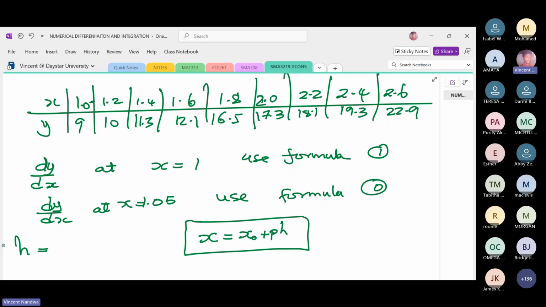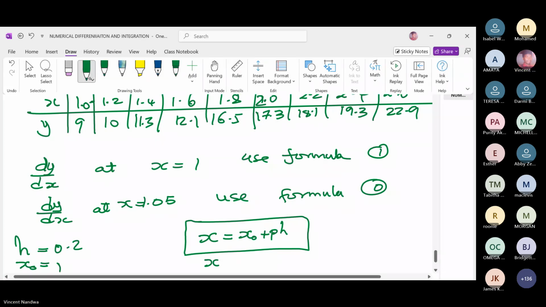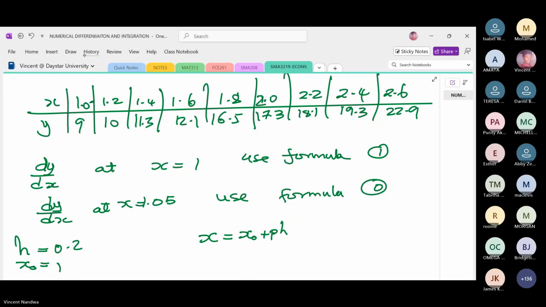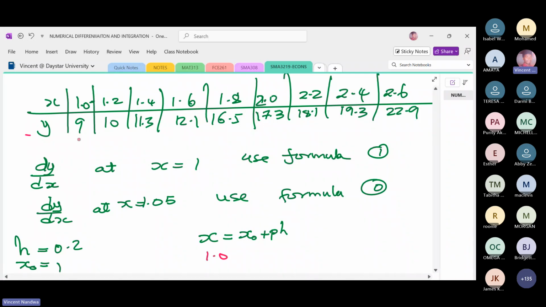So h will be 0.2. Then x0? Okay. 1. 1. So then now you say x is given by 1.05. So 1.05 equals x0, which is 1, plus p, which is unknown, times h, which is 0.2.